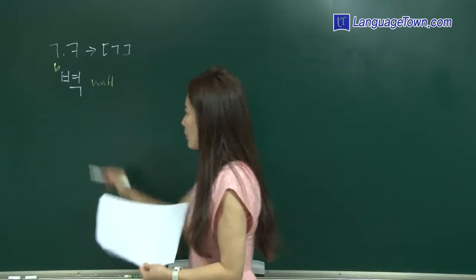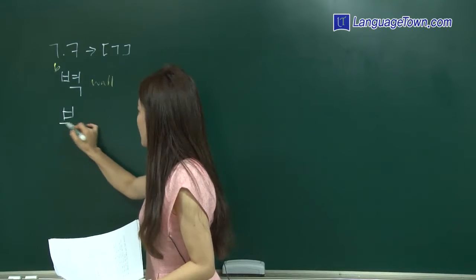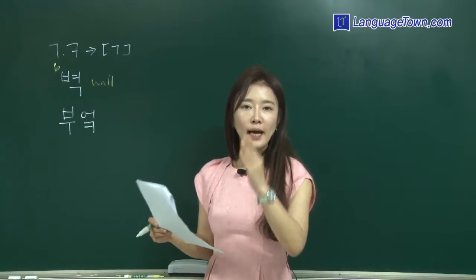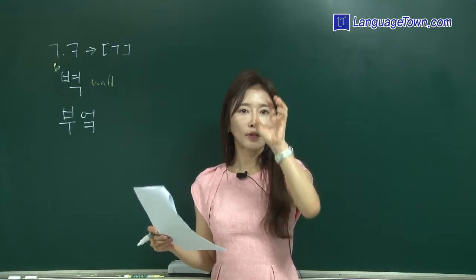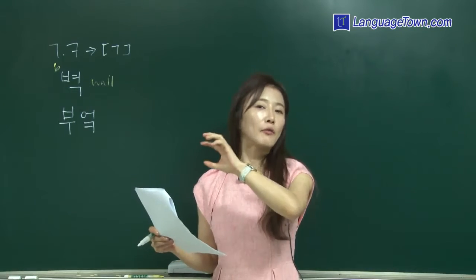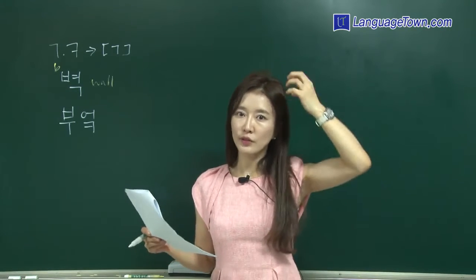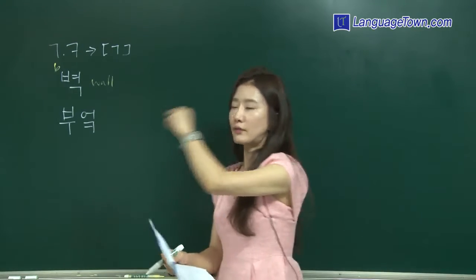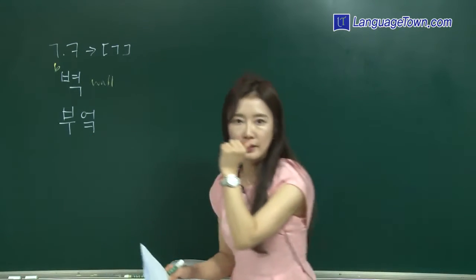And a different example. What I tell you about the vocabulary are all important words, okay? So try to remember that. This is one of the important words too. Try to read this. How do you read this?